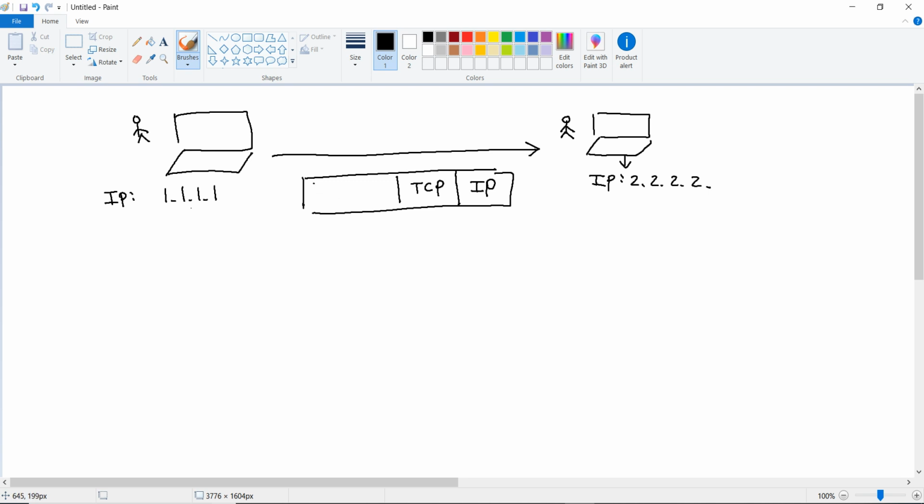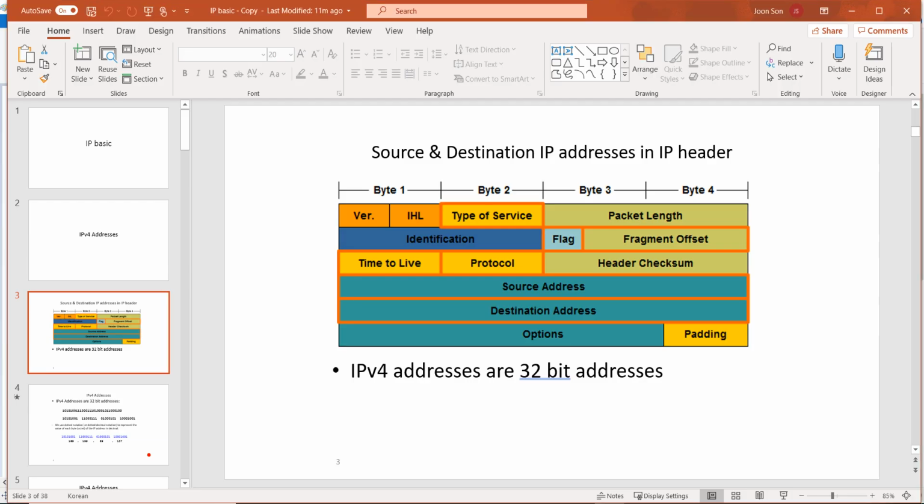Let's say the message is "I love flowers" or whatever. Inside this IP header, as I showed you in the previous slide, there are many fields, like time to live, flags, type of service, packet length, and protocol.